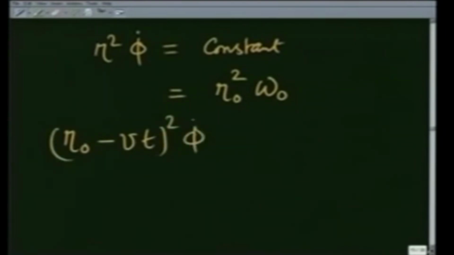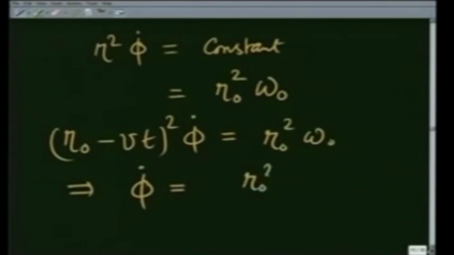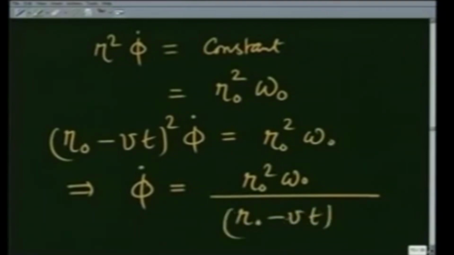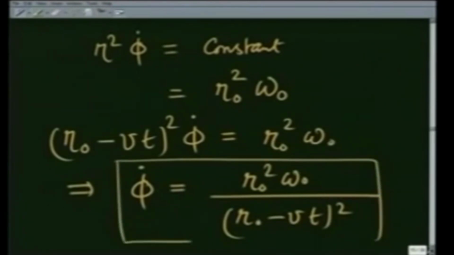Therefore r square phi dot is going to be equal to r0 square omega 0, and the angular speed, if I am pulling the wire end with a constant speed, is going to change as r0 square omega 0 over r0 minus vt, whole square. So, we have obtained how the angular speed of the wire changes.